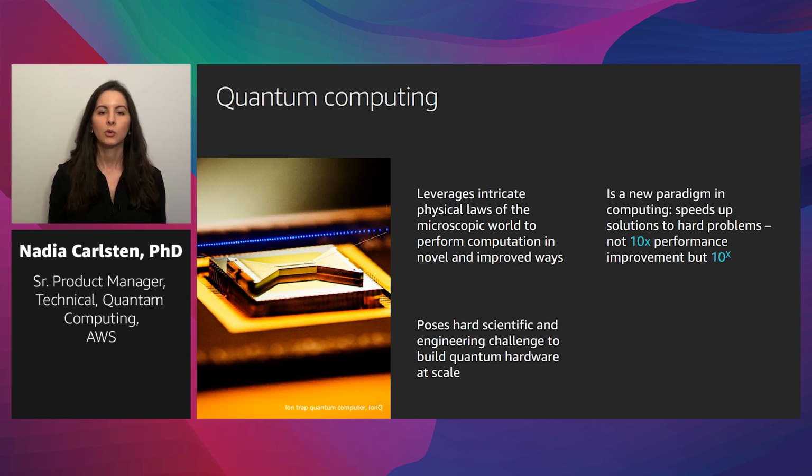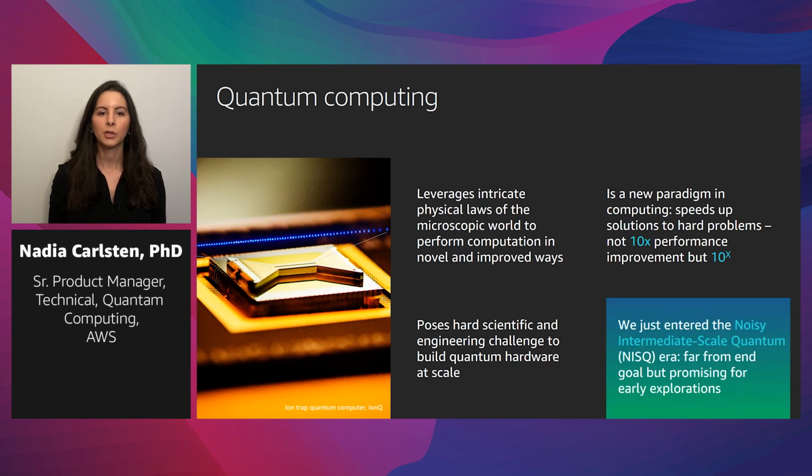That being said, quantum hardware at scale is still a tough problem, with a lot of scientific and engineering complexity. There are many approaches that the quantum community is still exploring to build better and more reliable quantum computers. And later in this talk, I will go over the different types of quantum hardware that are currently available through Amazon Braket.